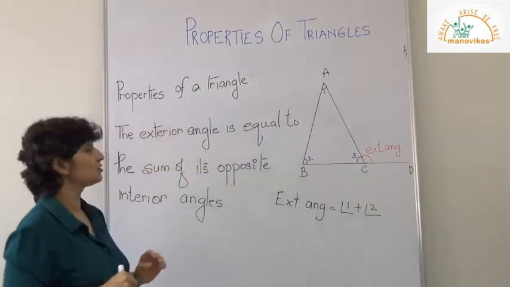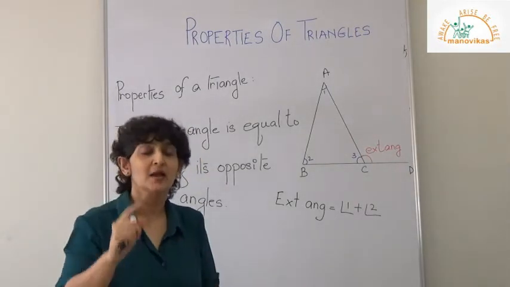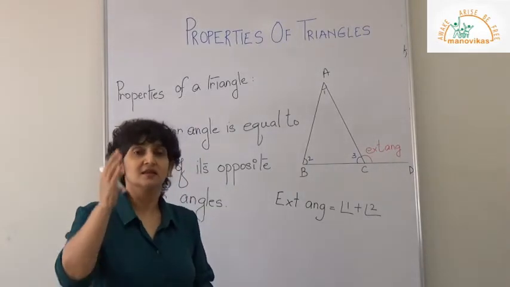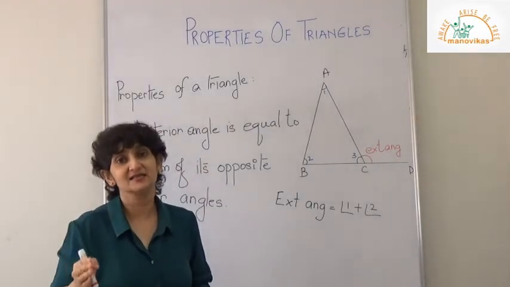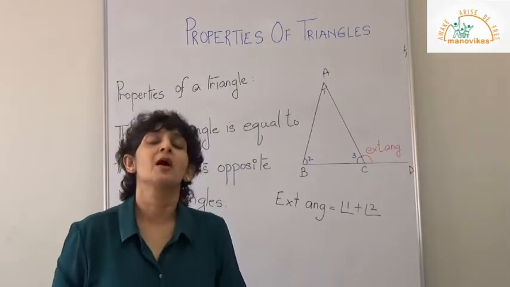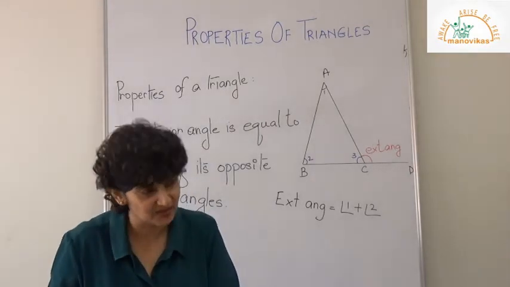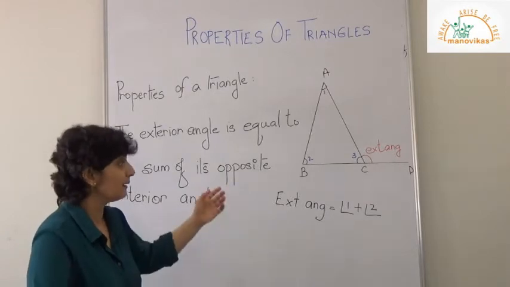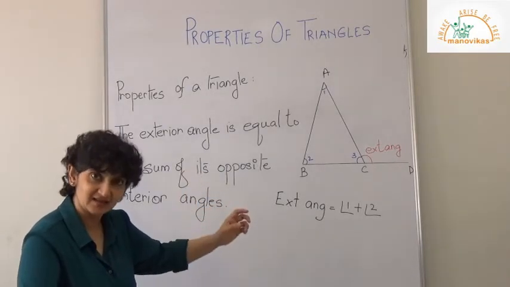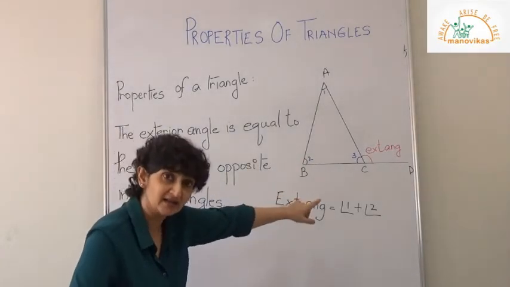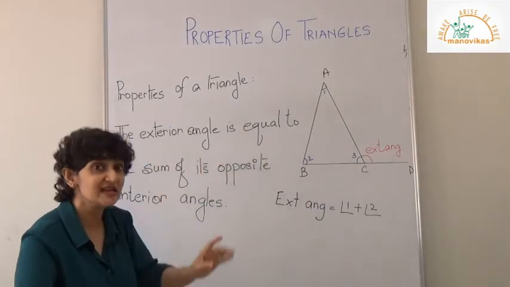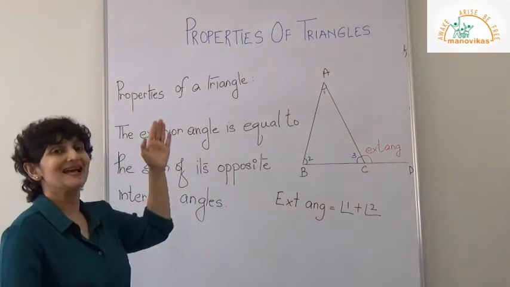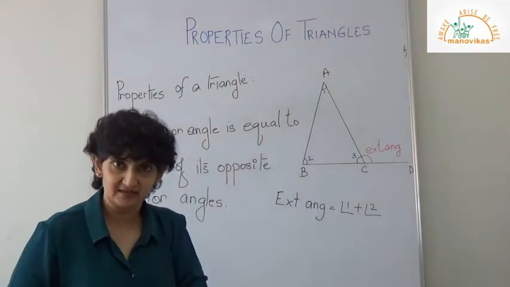Then when you come to the properties of a triangle, when you add, children, all the 3 angles, the sum of the angles in a triangle is equal to 180 degrees. And the next property that you have learned is about exterior angles. The exterior angle is always equal to the sum of its opposite interior angles.